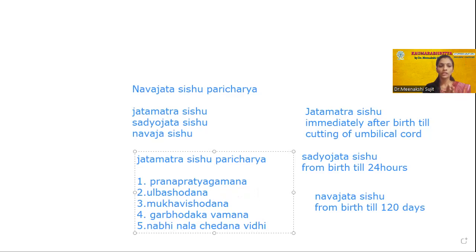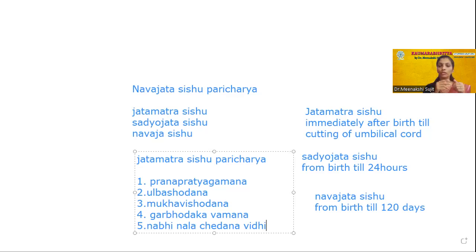The procedure of cutting the umbilical cord and taking necessary precautions to prevent secondary infections is known as Nabhi Nala chhedana vidhi or Nadi Kalpana vidhi. This is the last procedure of Jatamatra Shishu Paricharya.